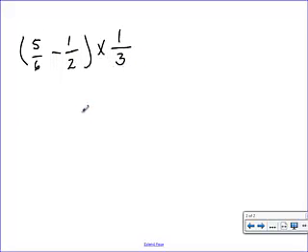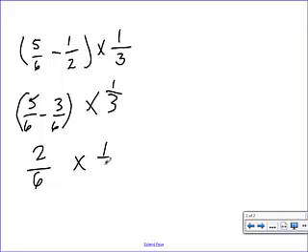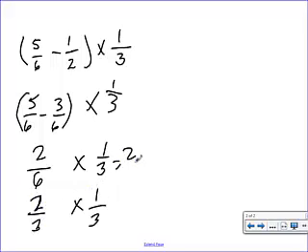So 5/6 take away, well, 3/6 equals 2/6, times a third. 2/6 times 1/3 is equal to 2/18, which is the same thing as 1/9.